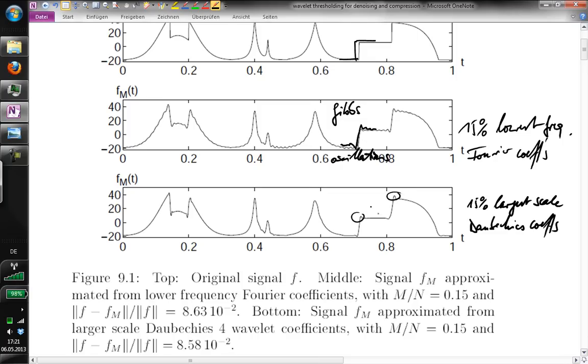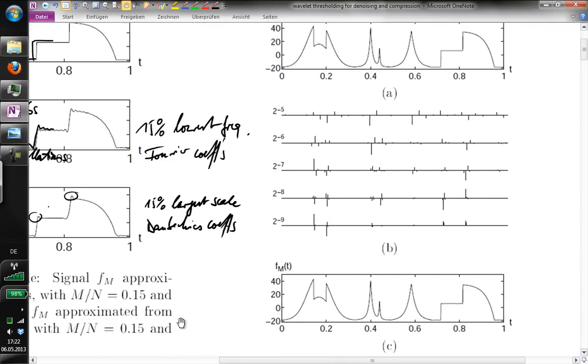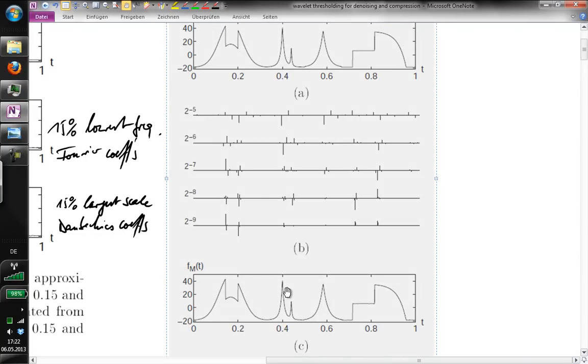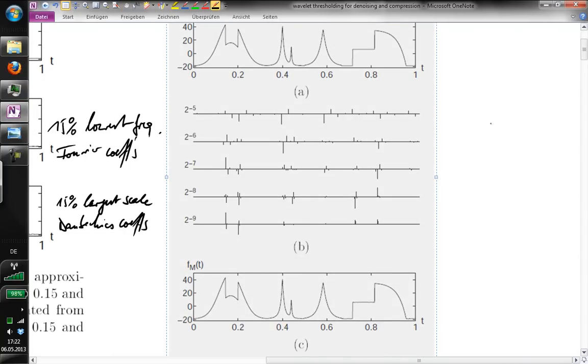So this is not the final result. The more interesting thing is to not use the lowest frequencies or the largest scale coefficients, but to use the most important coefficients. And that's what you see on the right-hand side. Same signal on top.